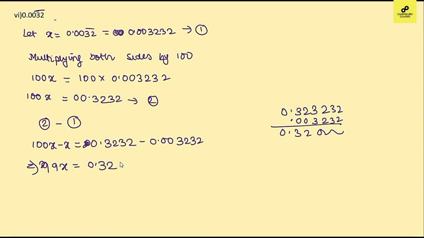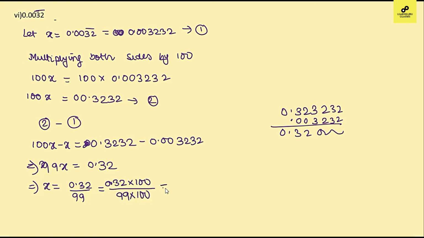Now you see, here you are left with the decimal 0.32. You have got rid of the recurring terms, but here the decimal is there. So to get rid of the decimal, 0.32 by 99, what will you do? If we multiply it with 100, then you can remove the decimal. So multiply both numerator and denominator with 100.